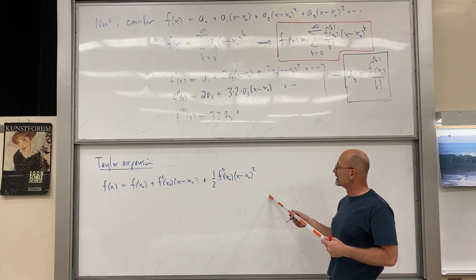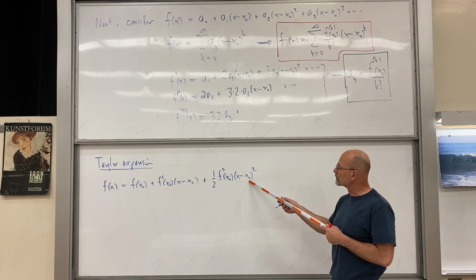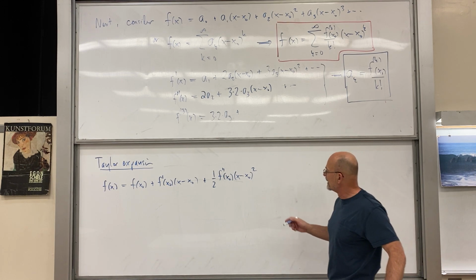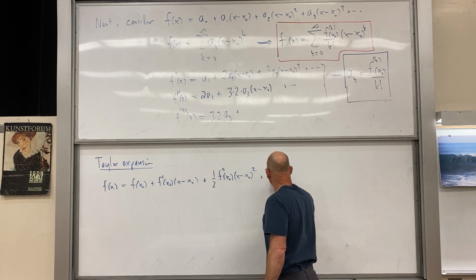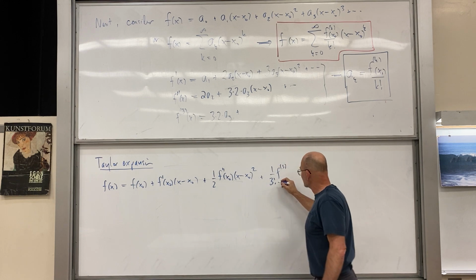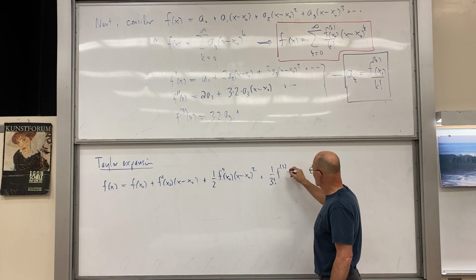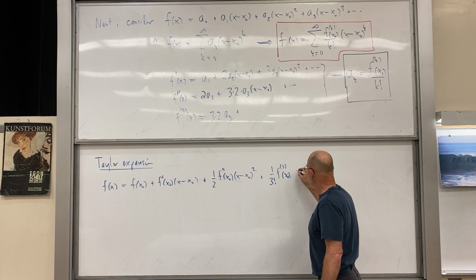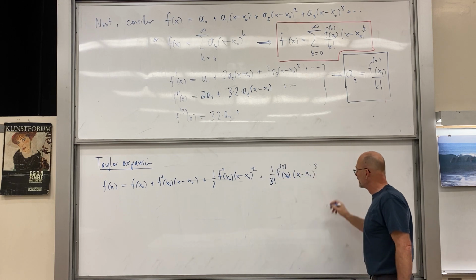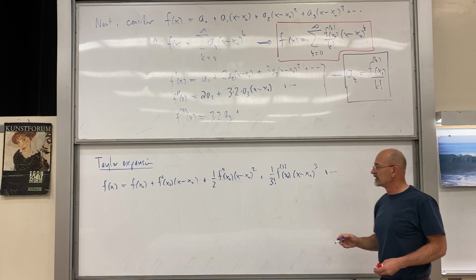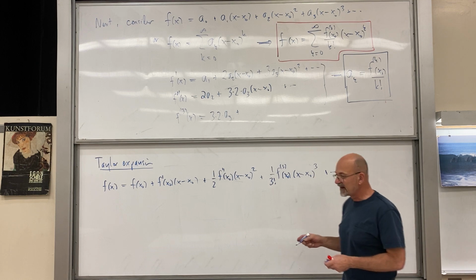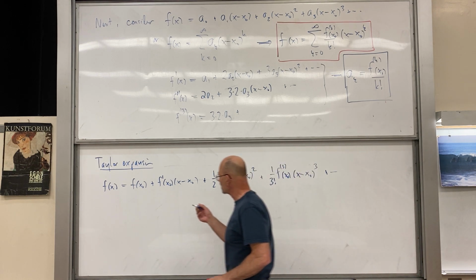General parabola here, x minus x0 squared, and 1/3 factorial is the next one. At some point, instead of little primes, you just designate it this way, x minus x0 cubed, and on and on. So one way to look at this is I'm getting an ever better approximation.